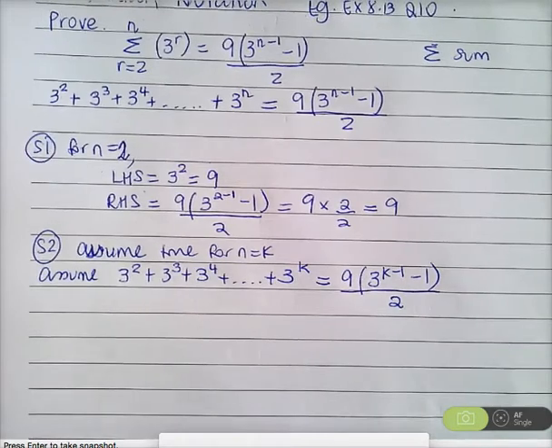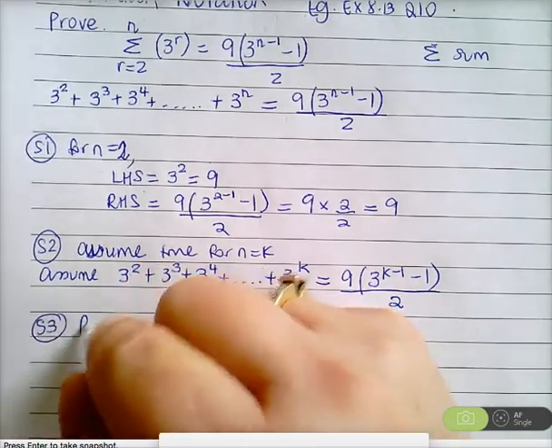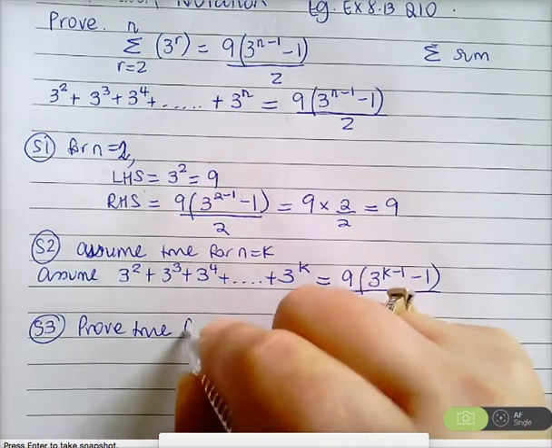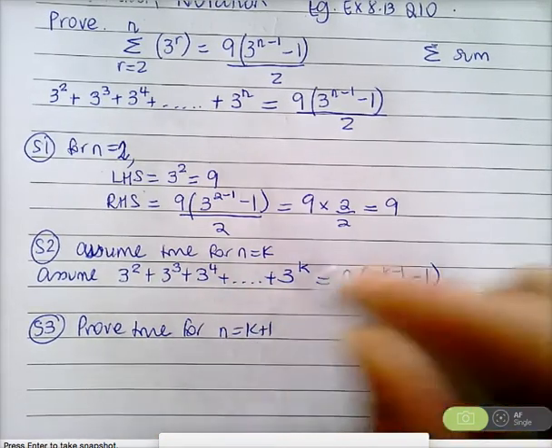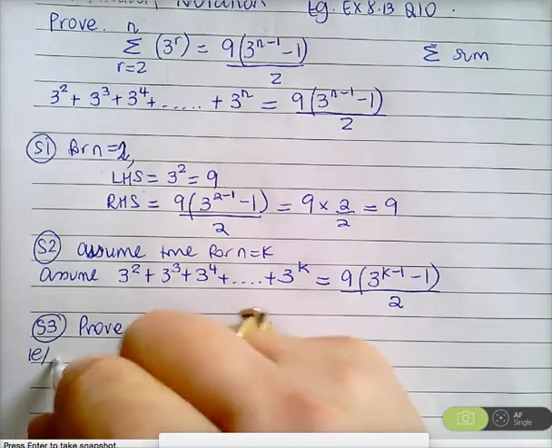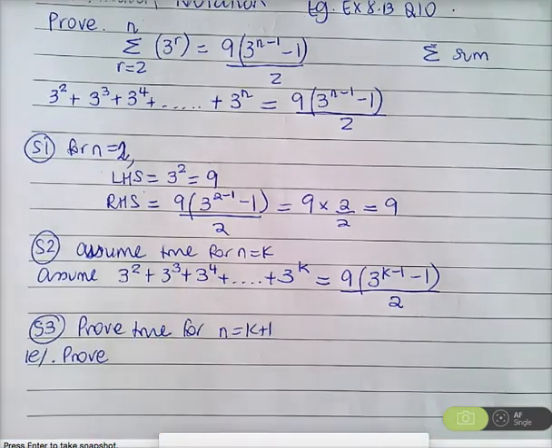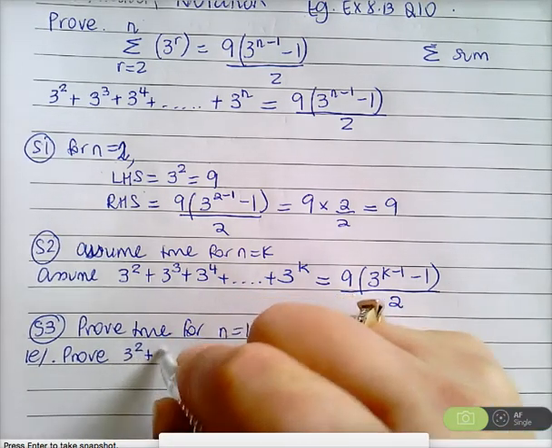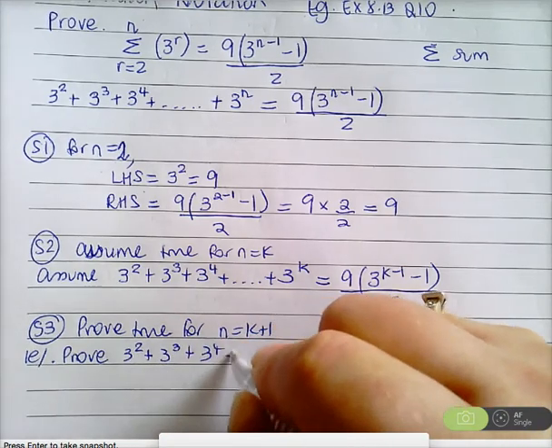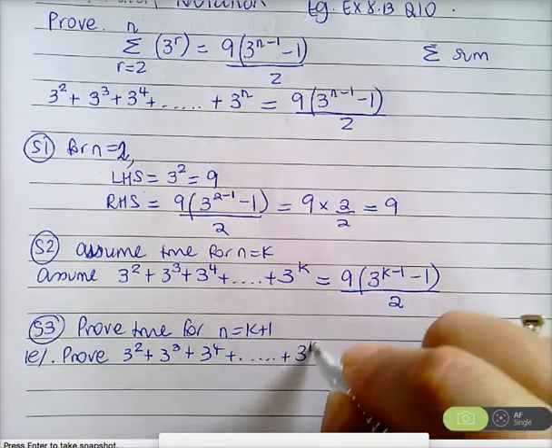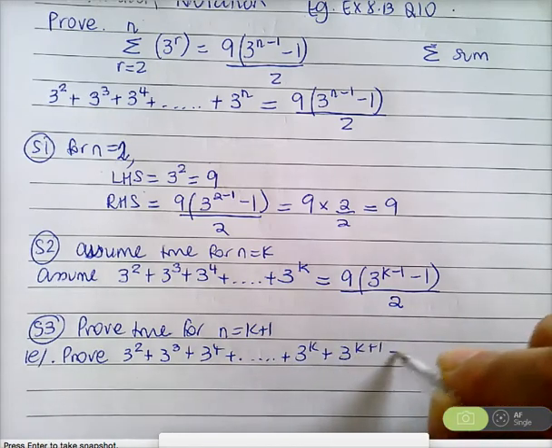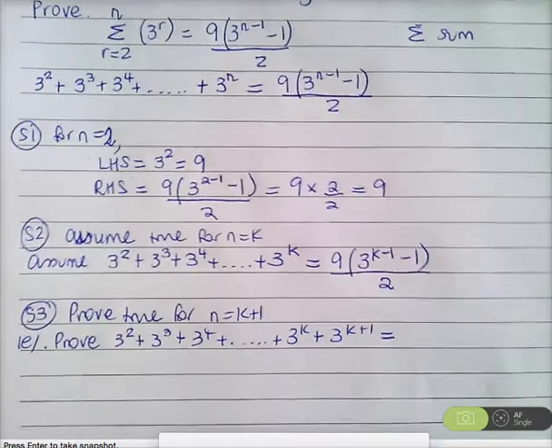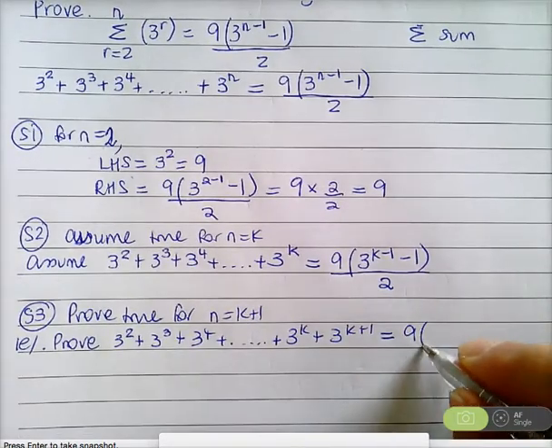Step 3 is to prove that it's true for n equals k plus 1. That is, we're trying to prove that 3 squared plus 3 cubed plus 3 to the power of 4, plus 3 to the power of k, plus 3 to the power of k plus 1 equals what? 9 bracket 3.